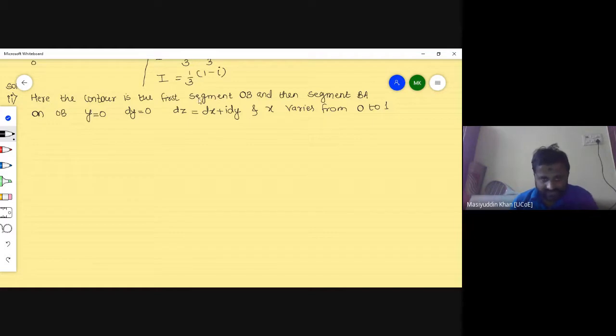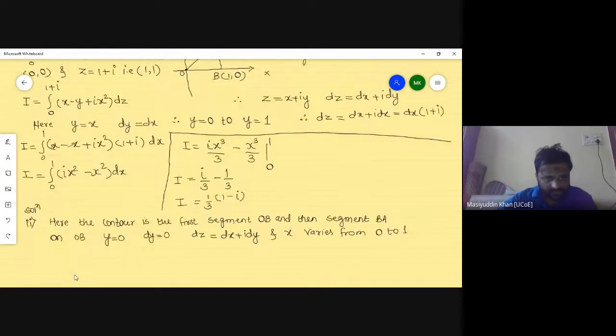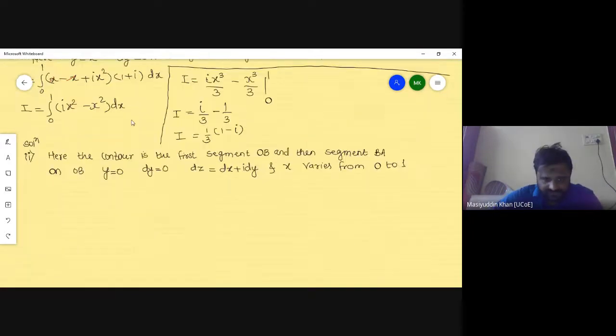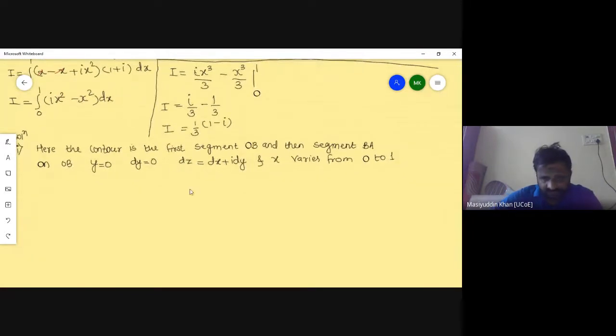Okay, we are talking about the first segment OB, so let me show you once again in the diagram. OB, here O and B, this segment. So here y is clearly 0, y part is 0 directly, because origin is 0, 0 and this point is 1 comma 0. So y is equal to 0, therefore we substitute y equal to 0. So we have to simplify this part clearly.